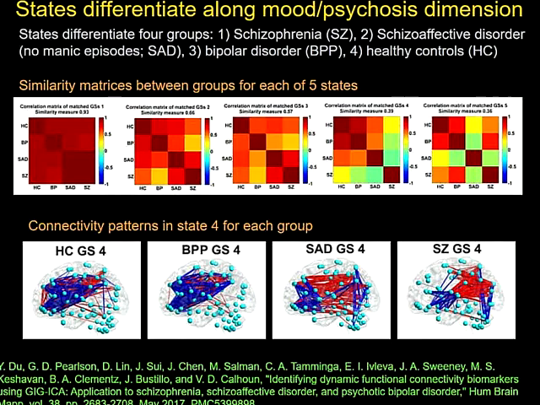And each of those groups is quite separable into unique patterns of connectivity within the most dominant dynamic pattern that was estimated from the data. And here you can see how those different groups interact with one another more or less in different states.